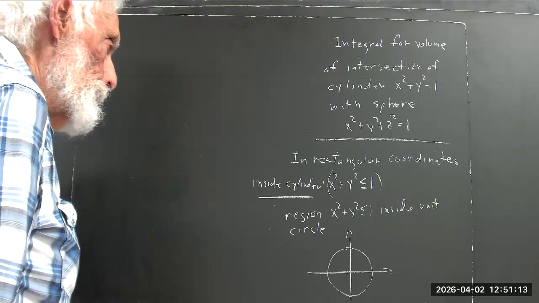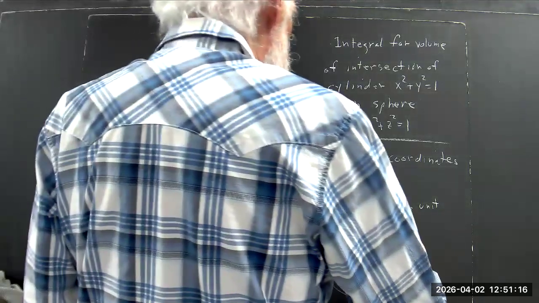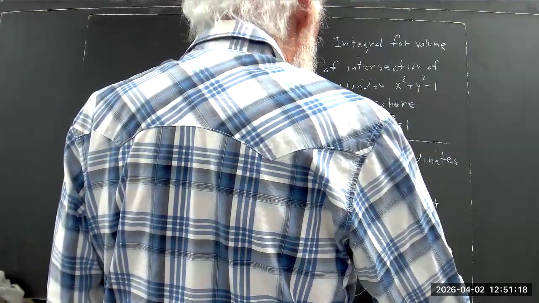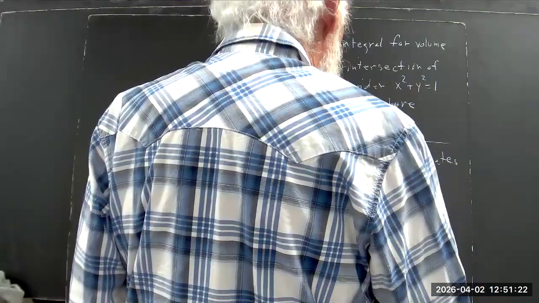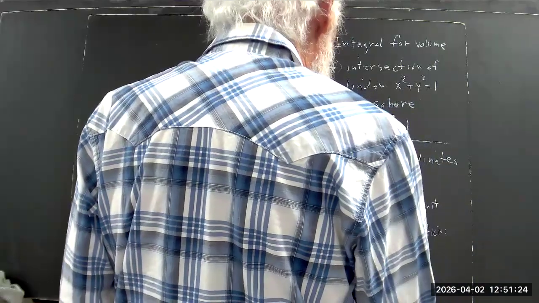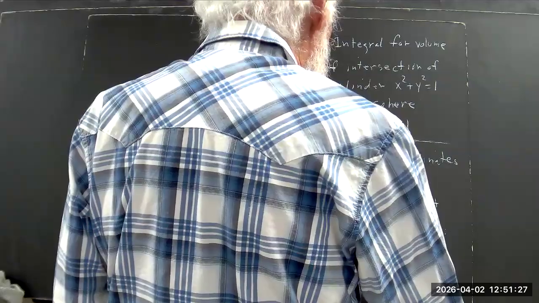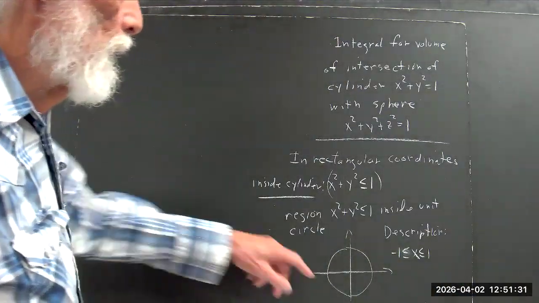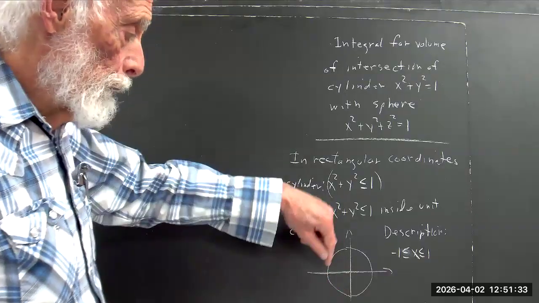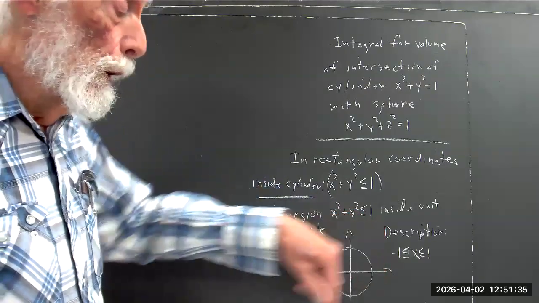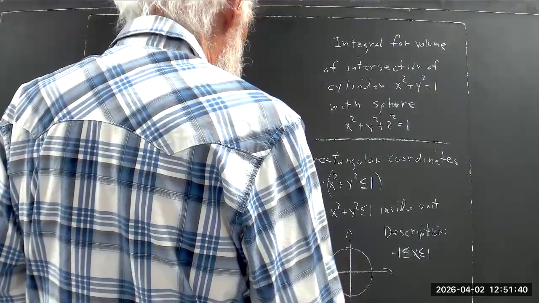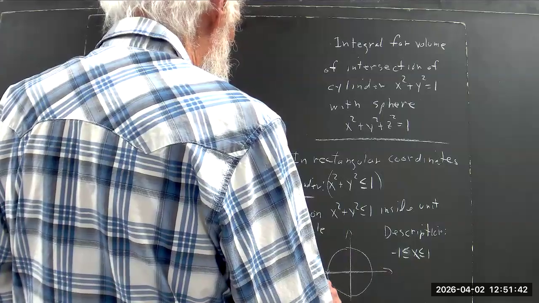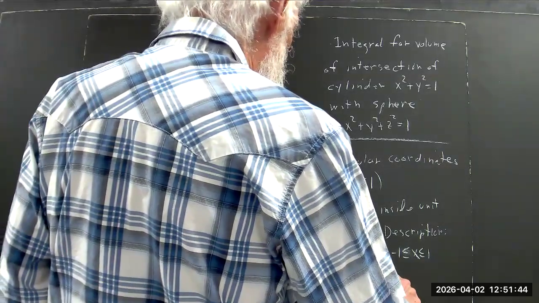And now what we can say is we have points within this region for every x value between -1 and 1, just to be sure we have all the information.